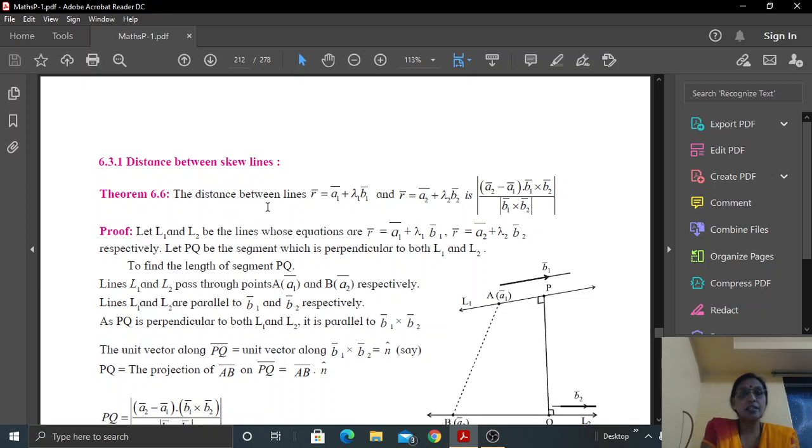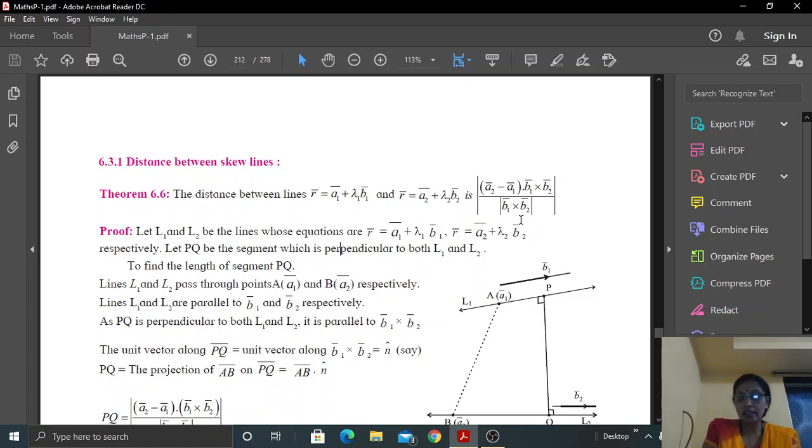Here, the distance between the lines r bar equal to a1 bar plus lambda1 b1 bar and r bar equal to a2 bar plus lambda2 b2 bar is given by the magnitude of (a2 bar minus a1 bar) dot (b1 bar cross b2 bar), whole divided by the magnitude of b1 bar cross b2 bar.